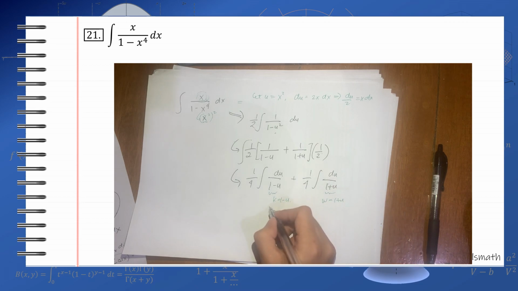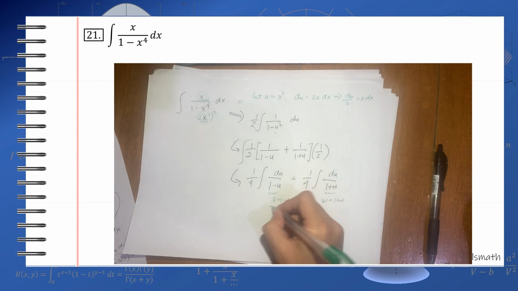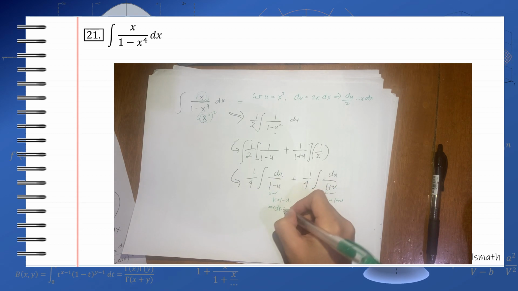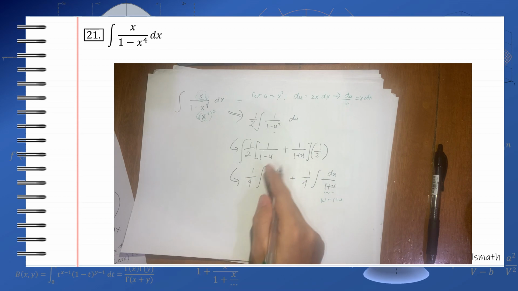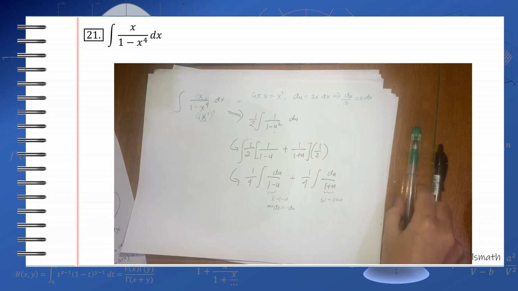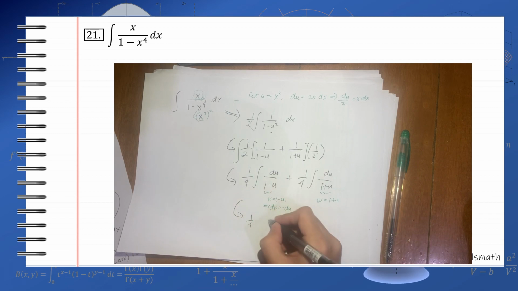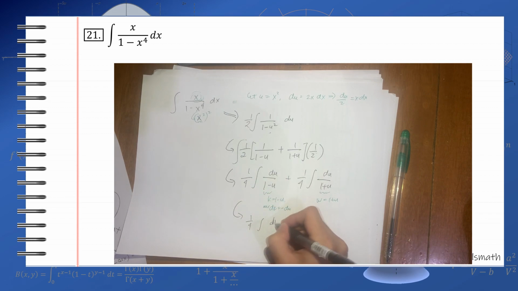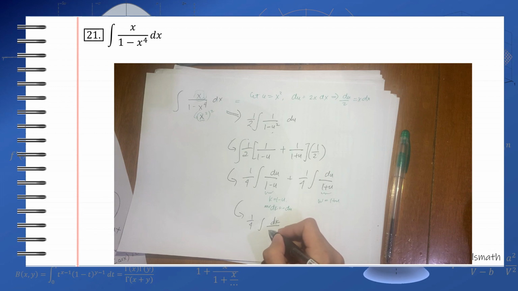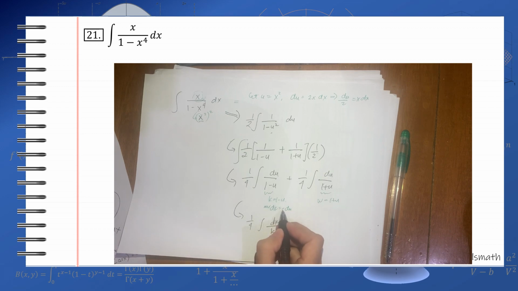Then dk equals negative du. So this just becomes 1/4 of dk over k, but there's a negative du here, so this becomes negative.